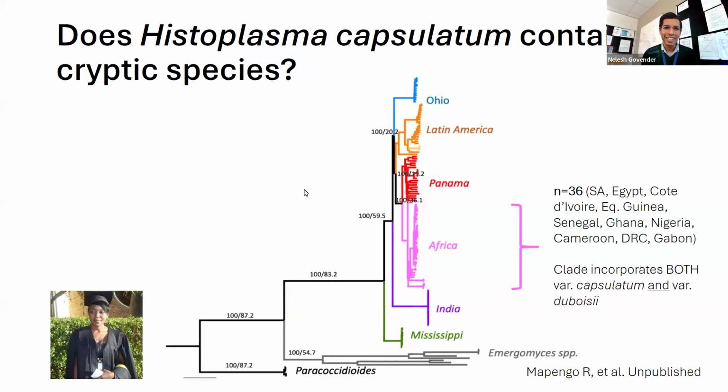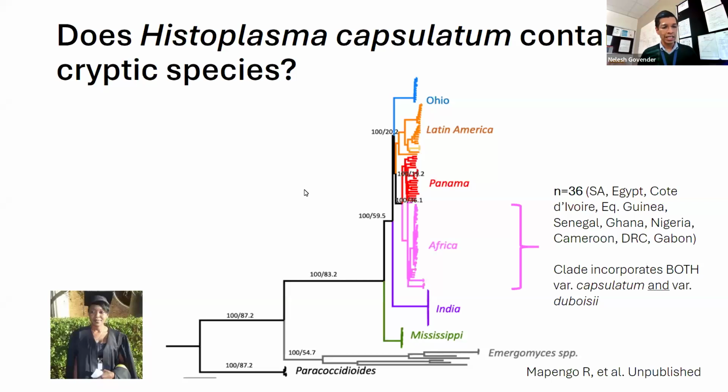Here she included 36 isolates from all over the African continent. And you can see here that very clearly the African clade is separate and is most closely related to Panama, the Panama strain. So interestingly enough, this clade incorporates both var capsulatum and var duboisii.